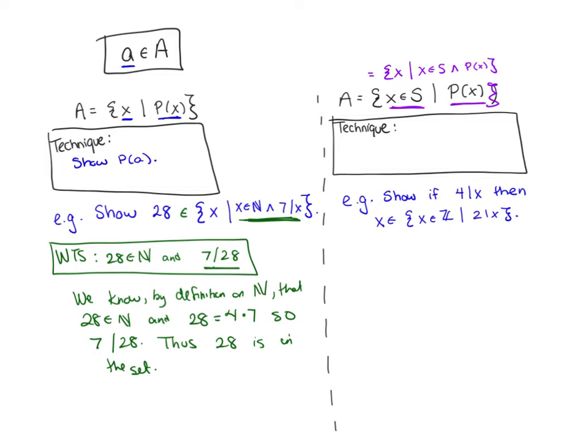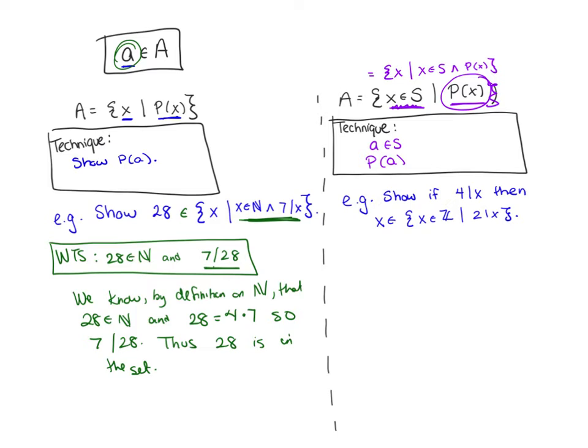I need to show both that my a, the thing I'm trying to show is in this set, is in S, because that satisfies that first rule, and that a satisfies my P of x, so I need to show P of a for whatever that rule P is. Okay, so let's look at an example of this.